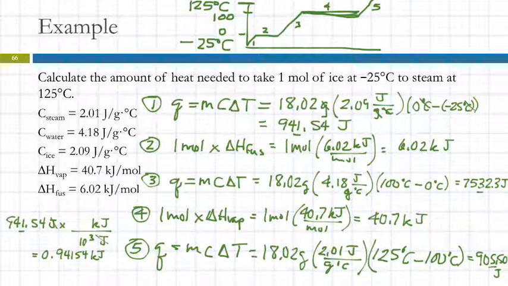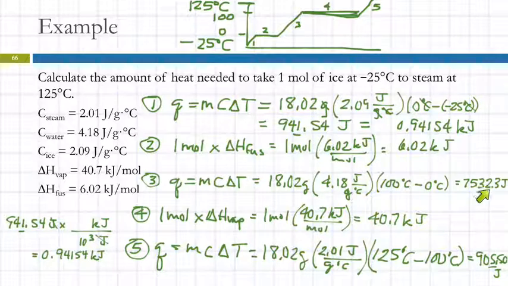Now, you don't have to write all of that out for the others. You can look at that and say, oh, I knew it was moving the decimal 3 places, but I couldn't remember which direction. This shows me I need to move it to the left. Okay, so this one then is 0.94154 kilojoules.